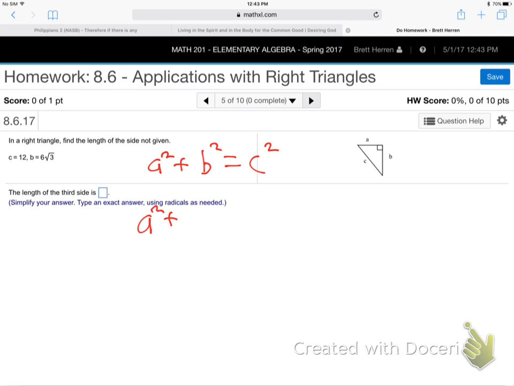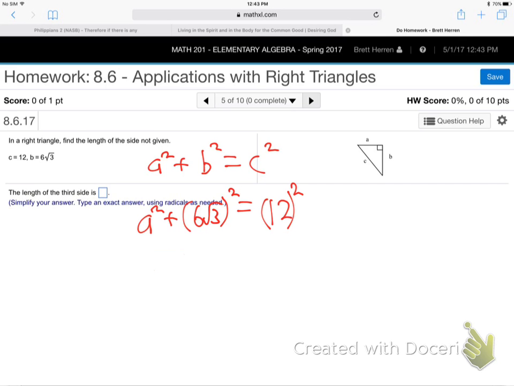So A squared and then B is 6 root 3 squared equals C squared, 12 squared. Everybody good to there so far? I just plugged in B and plugged in C here with parentheses around whatever you plug in. I don't have an A yet. So far so good?